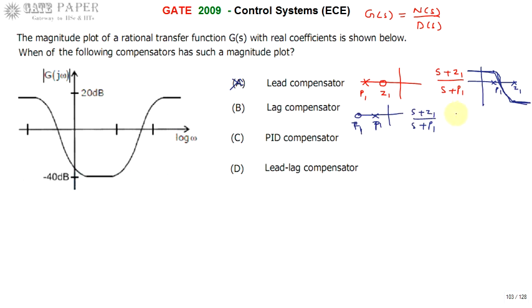In the Bode plot, first the zero is encountered at Z1, and after that the pole. Till then the slope is constant, and the zero produces plus 20 decibels per decade, so the magnitude increases. Whenever the pole is encountered, it gives minus 20 decibels per decade, so the total slope is plus 20 plus minus 20, which is zero slope, nothing but constant. This is the Bode magnitude plot for the lag compensator, so this is also not the right answer.